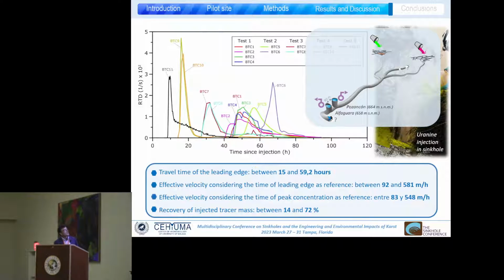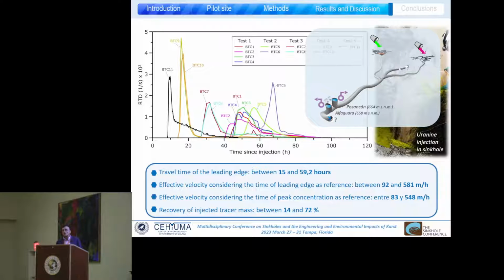The travel times we deduce from these dye transfers vary between 15 and 60 hours approximately, and the velocity is always around 100 or more meters per hour. So it's a really karstic area, and I can say this is not relatively common in South Spain, to have this type of velocity in karst.